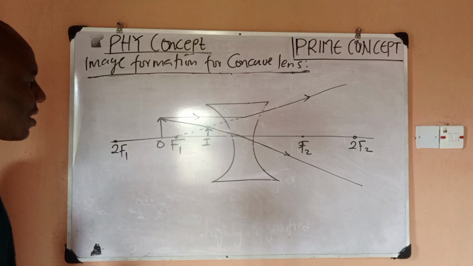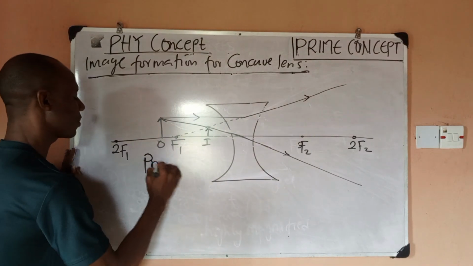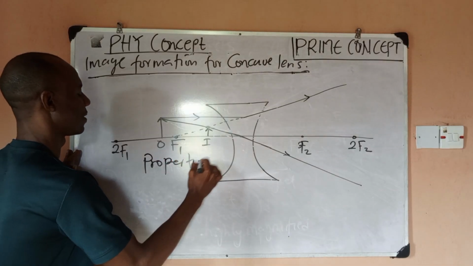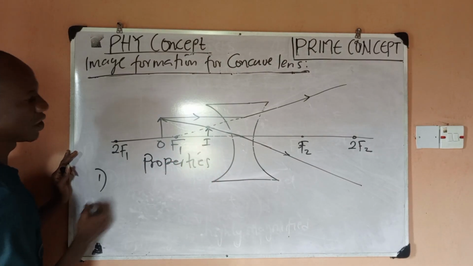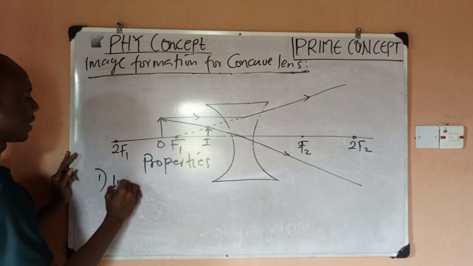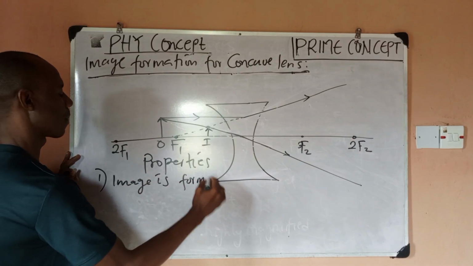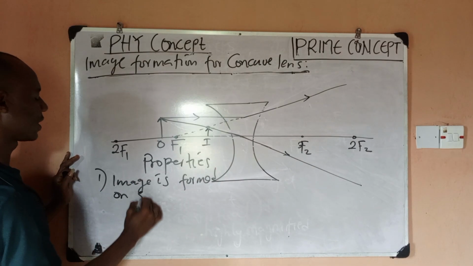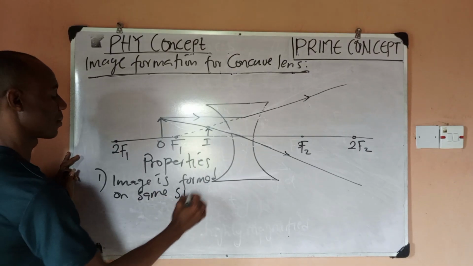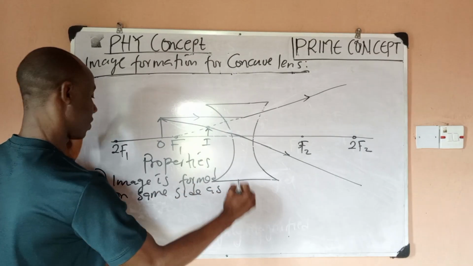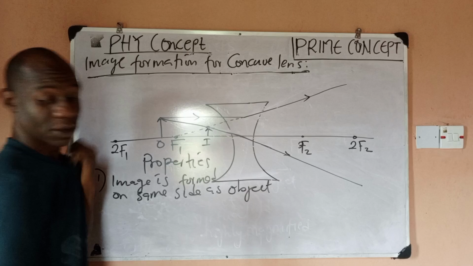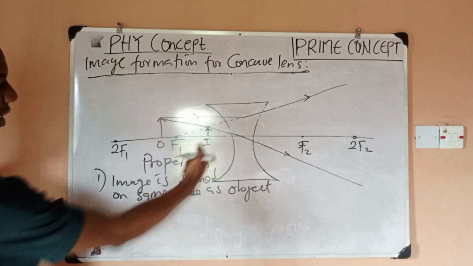So if you look at this very clearly, you can deduce the properties of this image that is formed. And let's list those properties. One of the properties of the image is that image is formed on the same side as what? Object. You can see it.